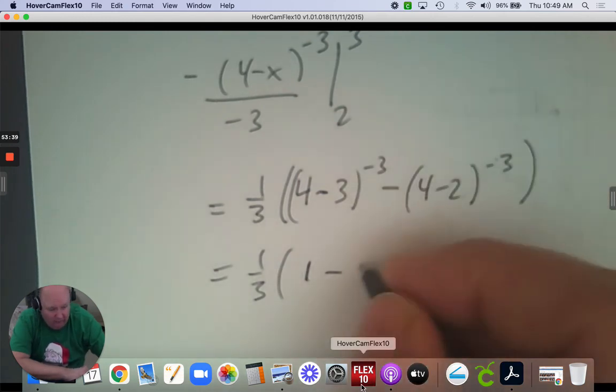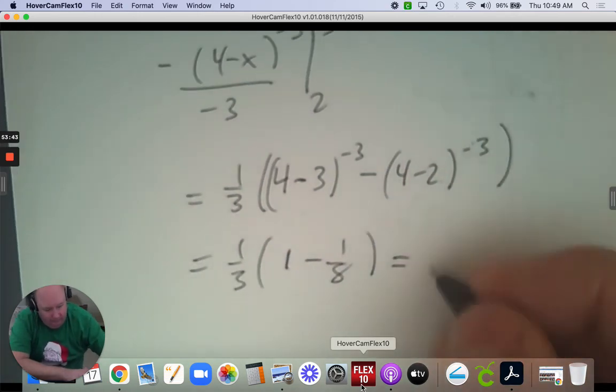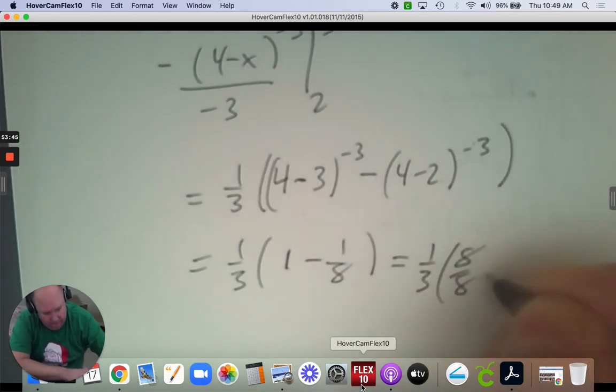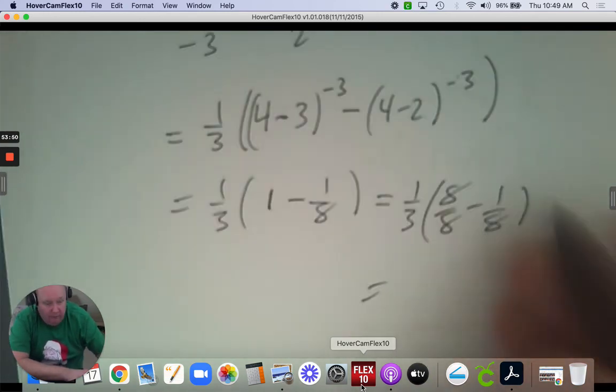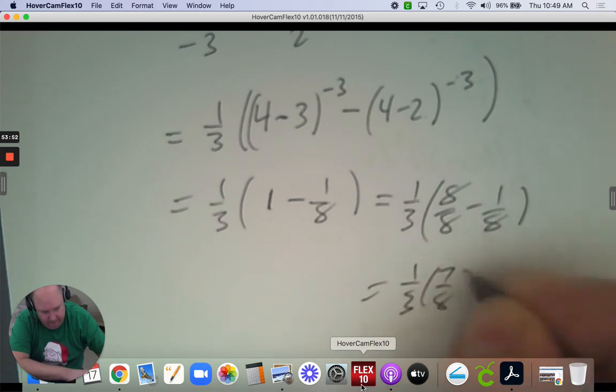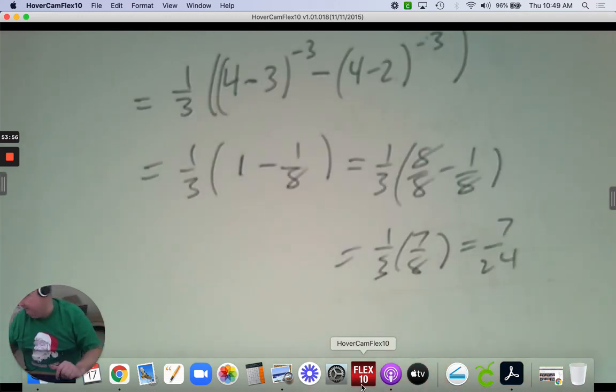So the negative exponent makes it 1/8. So this is 7 over 8. So that would be 7 over 24 if you had to simplify it.